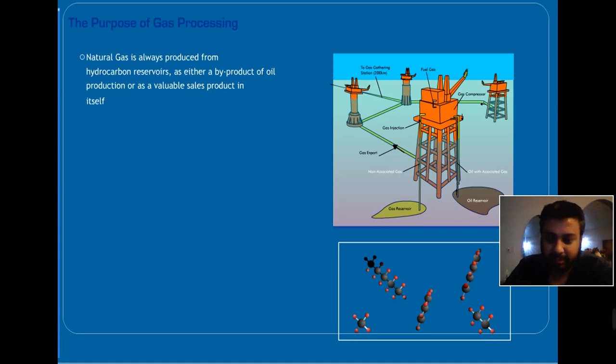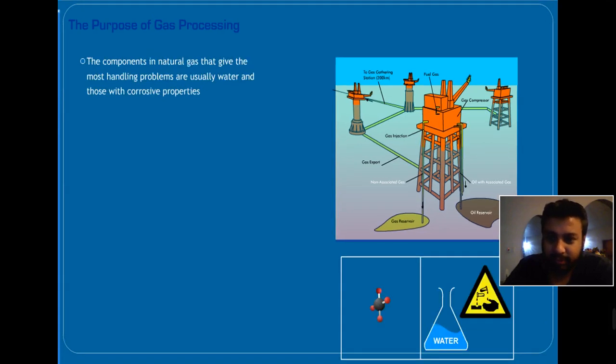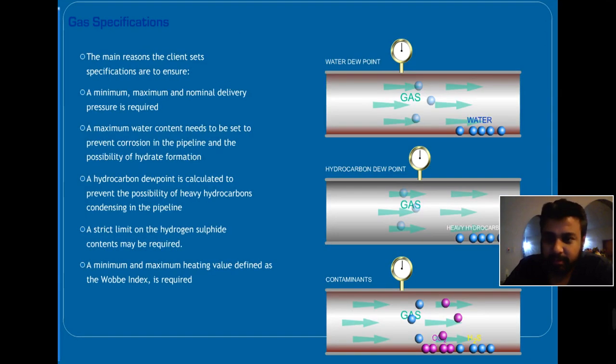As we discussed in the previous lecture, whatever plant we are designing is based on what kind of composition we have. So the first thing about gas processing is the gas specifications. There is an oil company which is producing the gas, and then there is a customer who is buying this gas.